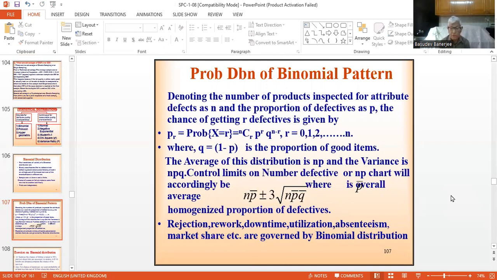The mean of this distribution is np, and the variance is npq, that is np(1 minus p).